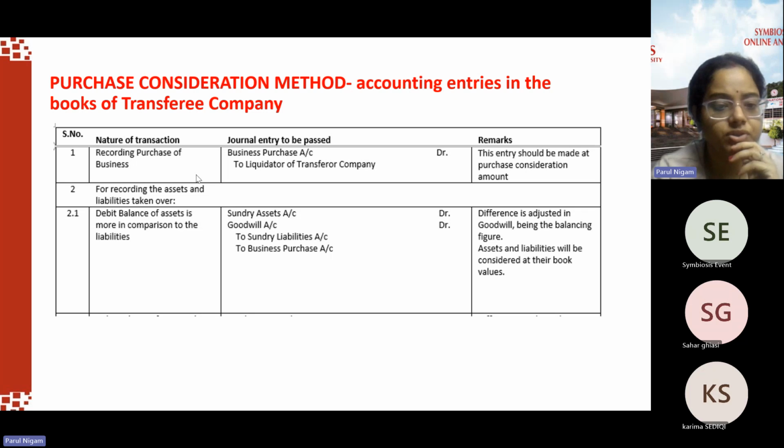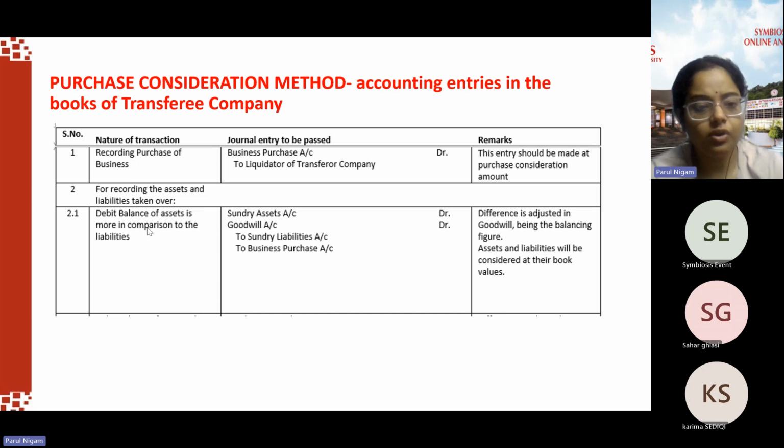When you are recording purchase of business, so business purchase account debit to liquidator of transferor company, same entry which we have done earlier. This entry should be made at the purchase consideration amount. For recording the assets and liabilities taken over, we have debit balances of assets, which is more in comparison to the liabilities.